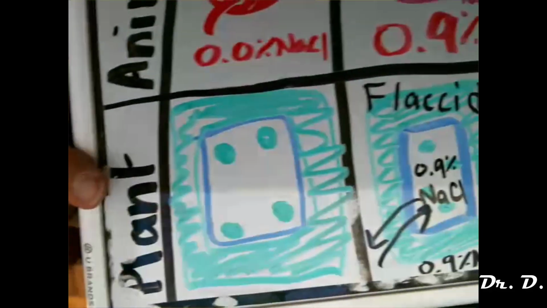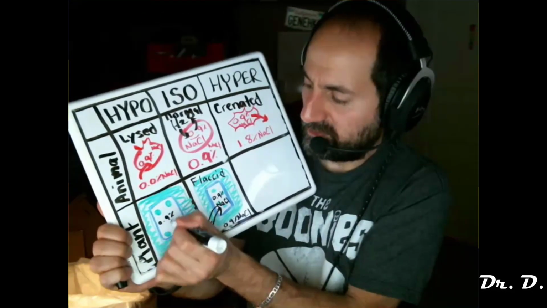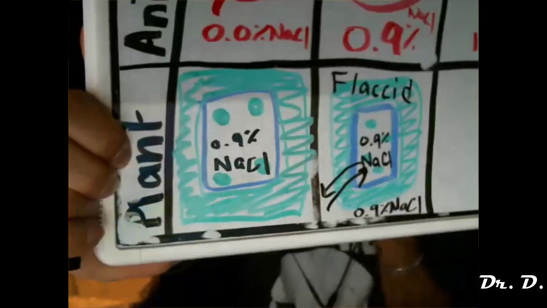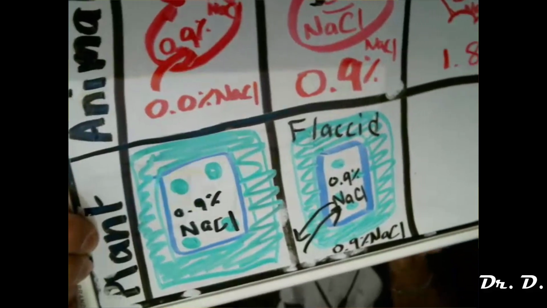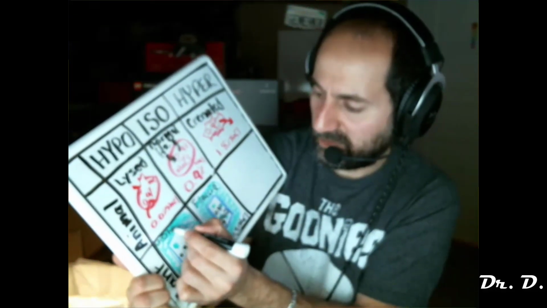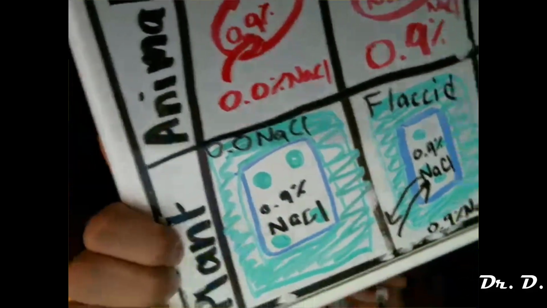Hypo is like hippo. So even though, for example, you have 0.9% salt NaCl inside, in a hypotonic condition, how much salt would be outside? Well, less than 0.9% salt, right? So let's just say 0 salt. So outside would be 0.0 NaCl. So in this case, which way is the water flowing?